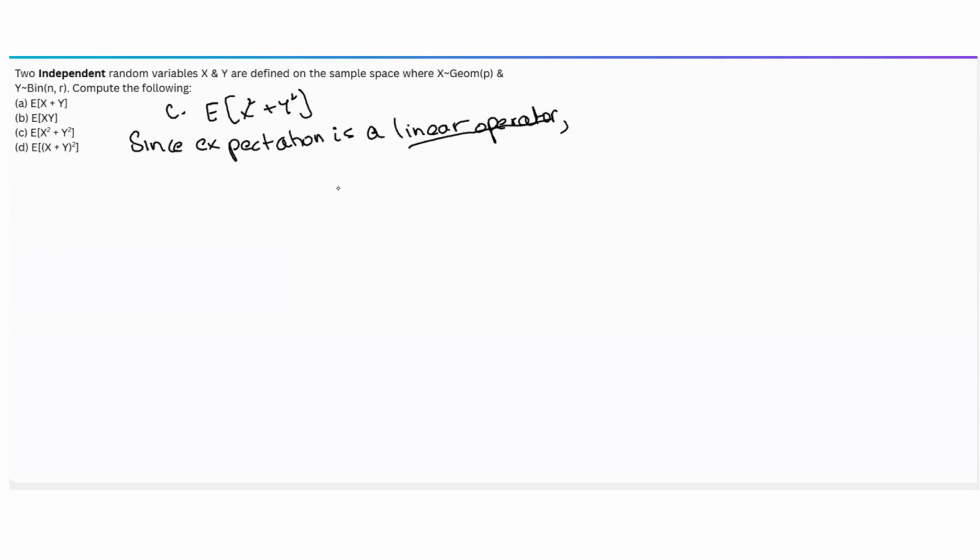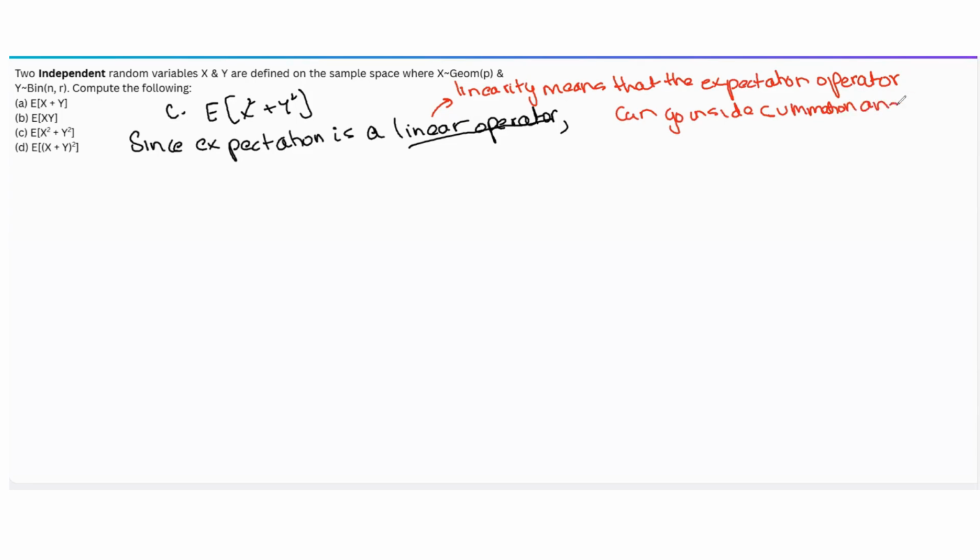Linearity means that the expectation operator can go inside summation, which means the expectation of a sum is the sum of expectations. And constant multiples can come out.